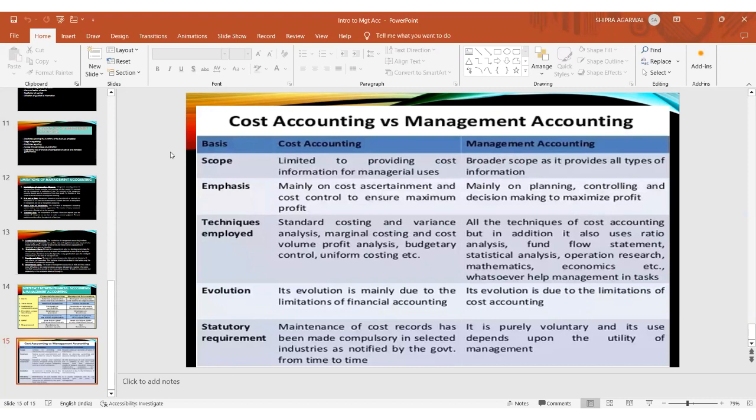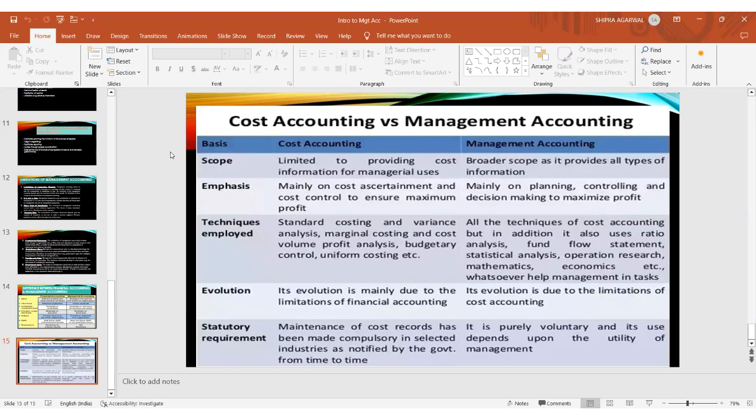And management accounting was evolved due to the limitations of cost accounting. So ultimately, we can say management accounting was evolved due to the limitations of both financial accounting and cost accounting. I repeat, there are three: financial accounting, cost accounting, and management accounting.